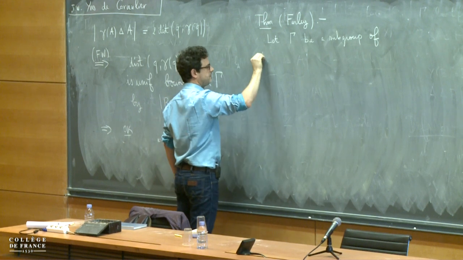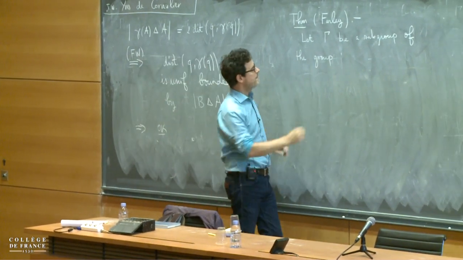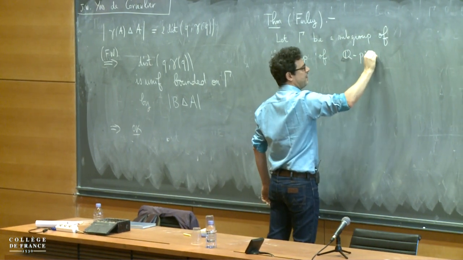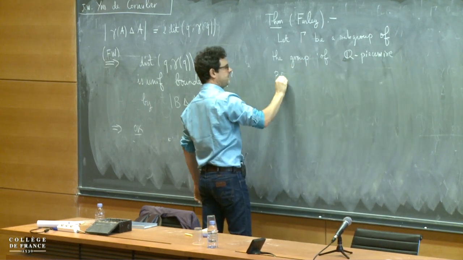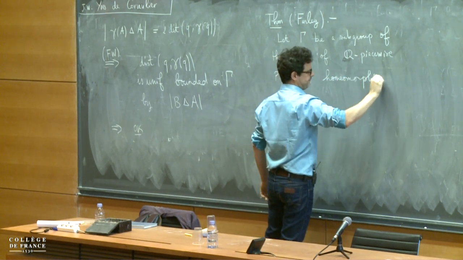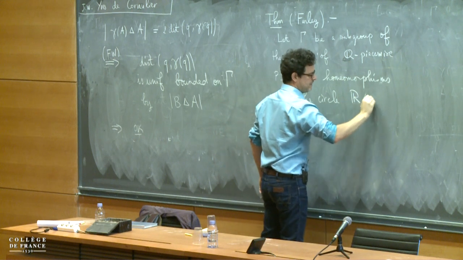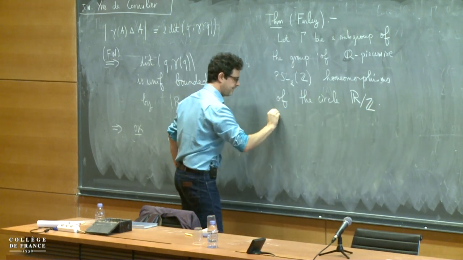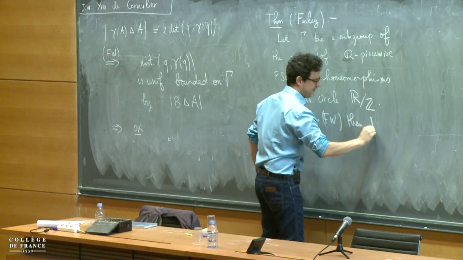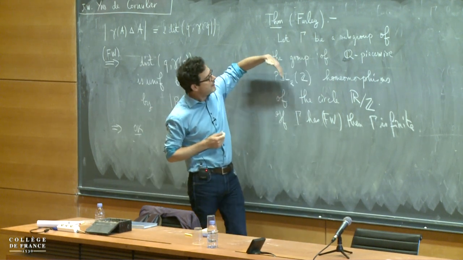The group I will look at is a subgroup of the group of piecewise PSL2(Z) homeomorphisms of the circle, or mod Z. Then I say that if gamma has property FW, then gamma is finite.